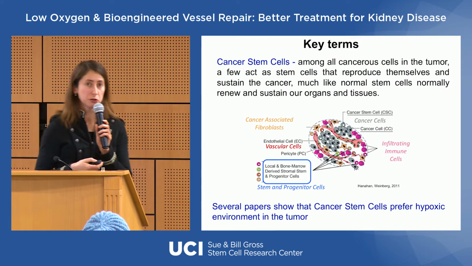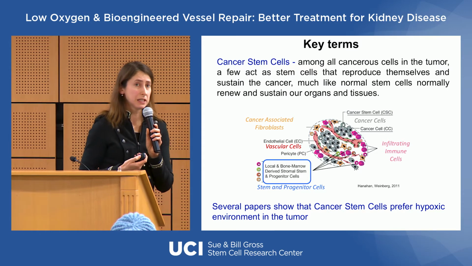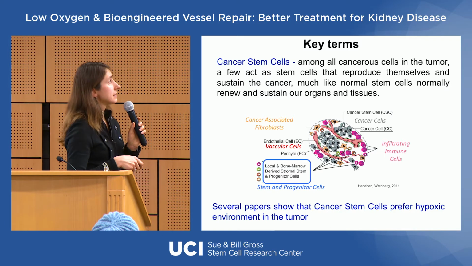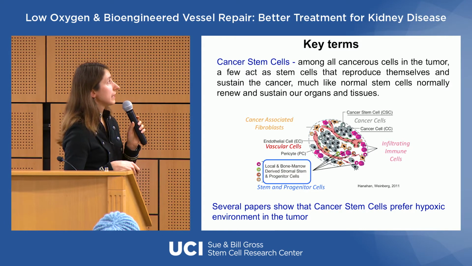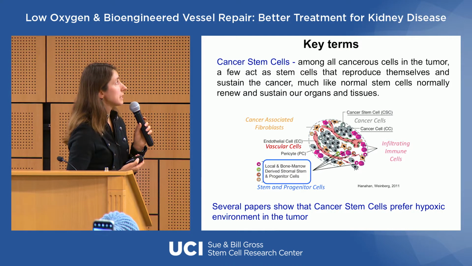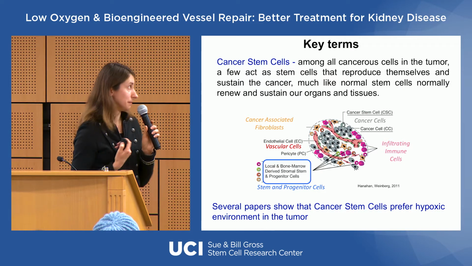So another key term for today, cancer stem cells. This was discovered 15 years ago, and these are the cells which, among all cancerous cells in the tumor, are a few which act as stem cells that reproduce themselves and sustain the cancer, much like normal stem cells introduced to you by Eileen.